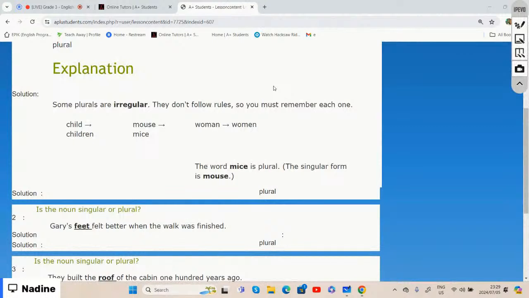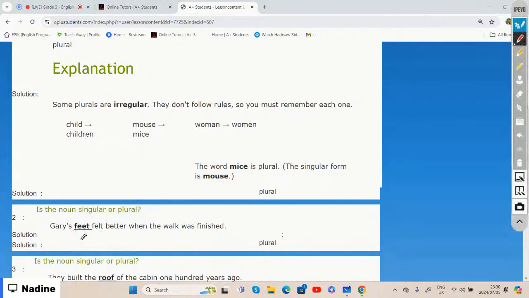Feet refers to more than one, right? So we will say this is right because the singular of feet is foot.